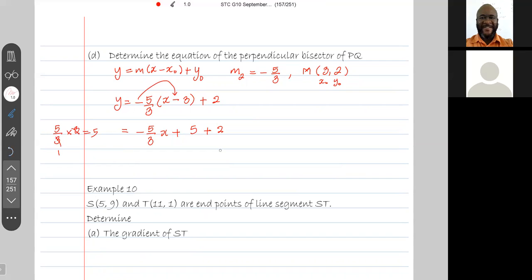Y is equal to minus 5 over 3x plus 7 is the equation of the perpendicular bisector of PQ.